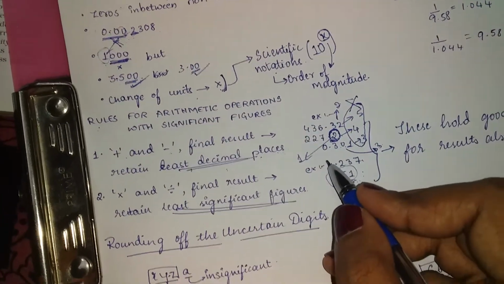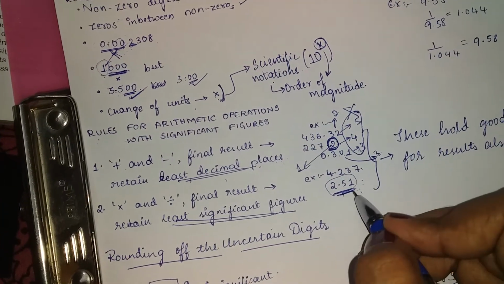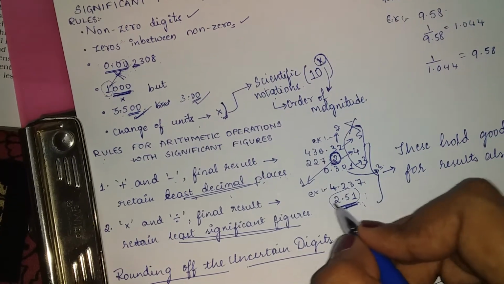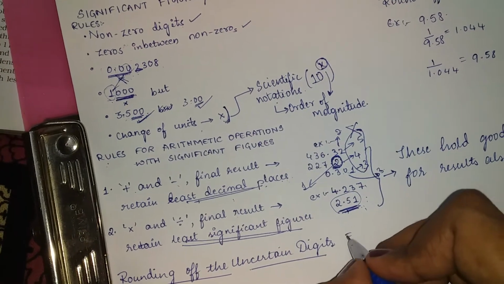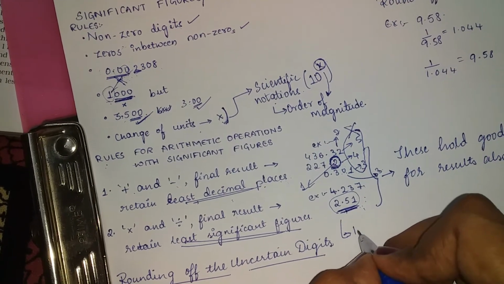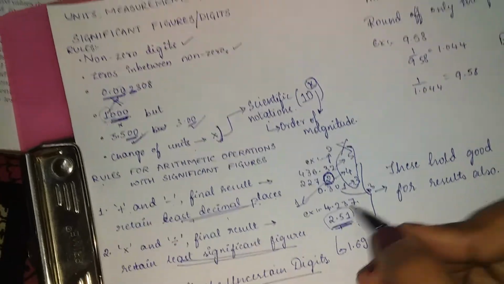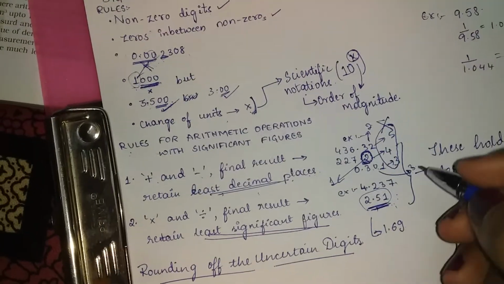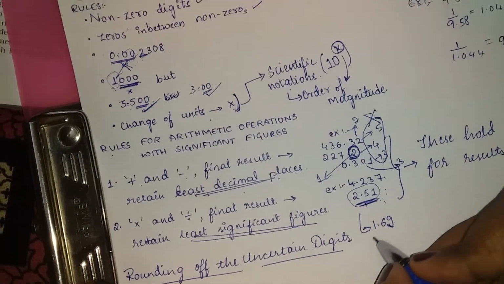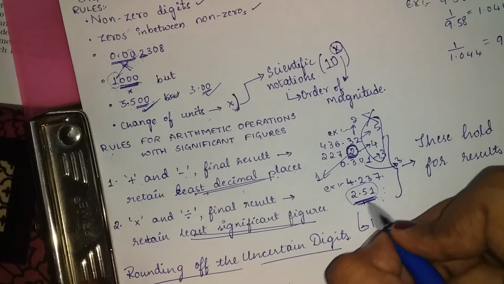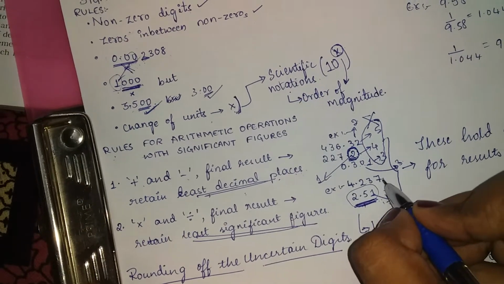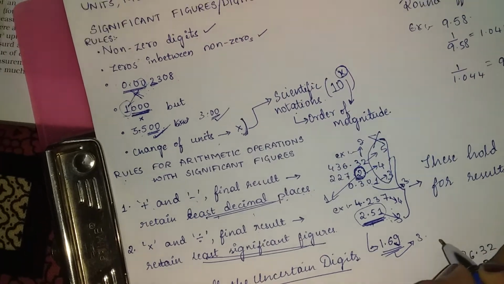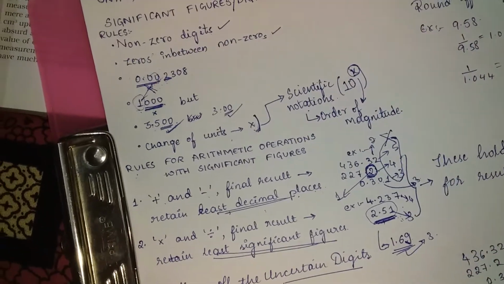So if there is multiplication or division, let us take division. 4.237 divided by 251 will give 1.69. This is an example that is given in the NCERT. I have the NCERT open in front of me, so I'm writing the values like that. Here there are 3 significant figures, and here it is 4, and you have to keep the answer in 3 significant figures only, because that is the least significant figures that you have.